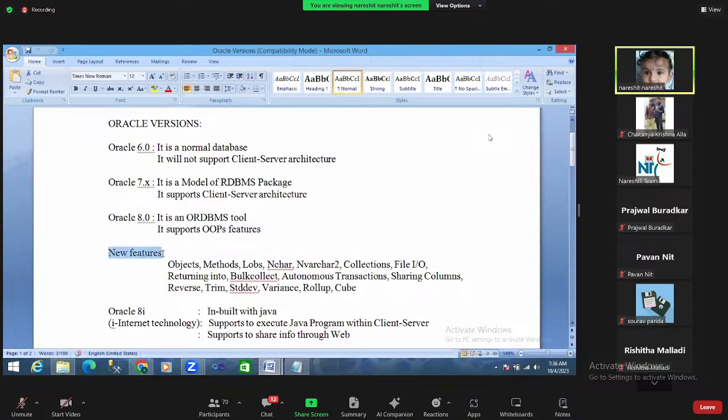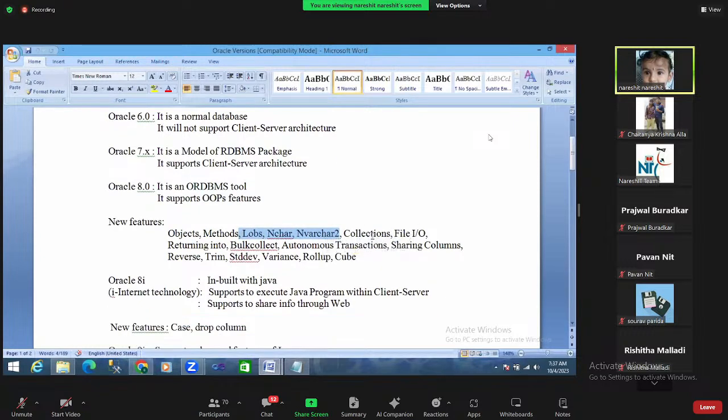What are the new features added in this version? Objects, methods (methods means functions), LOB, NCHAR, NVARCHAR2, which are data types. Collections, file input output operations, returning into clause, bulk collect, autonomous transactions, sharing columns, reverse keyword, trim, standard deviation, variance, and development queue.